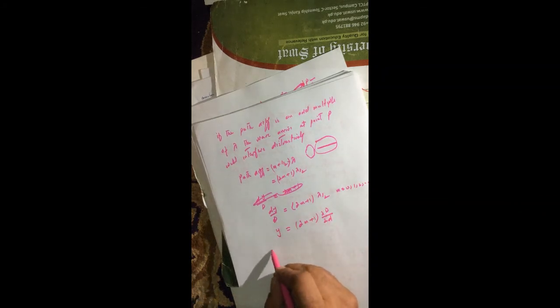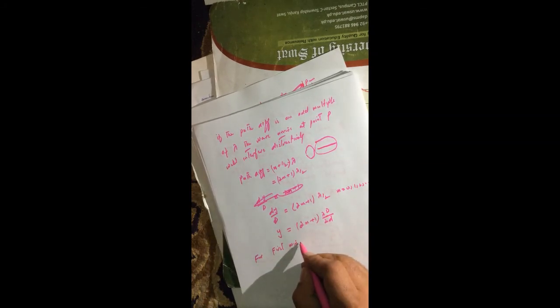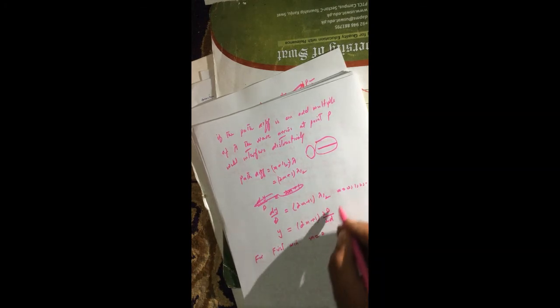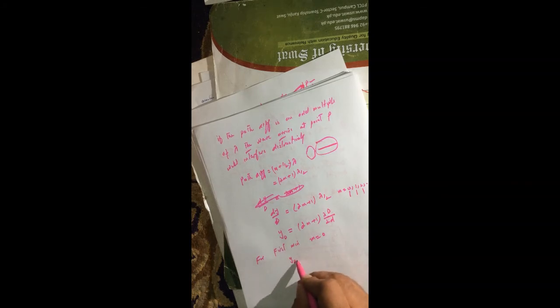Now for the first minima, the m value should be 0, because first is this one, second is this one, third is this one. If I put m equal to 0, then y, the position of the dark spot or dark fringe, for the first dark spot will be lambda D divided by 2d.